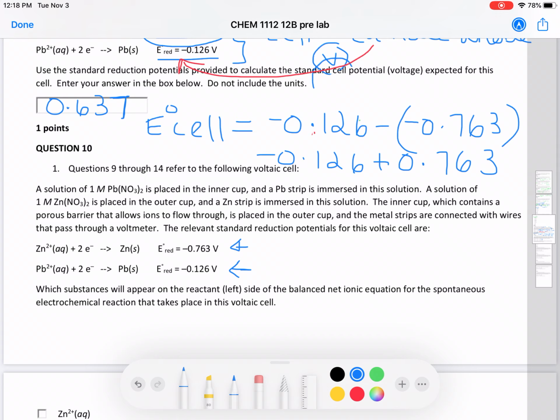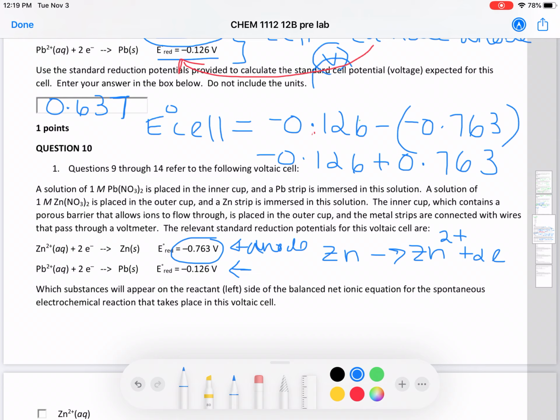If this is your anode, this is where the oxidation takes place, so we write our oxidation equation like this: zinc becoming zinc 2 plus by losing 2 electrons, and the standard electrode potential for that reaction is -0.763.